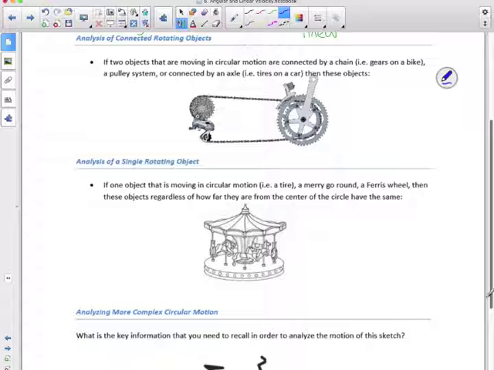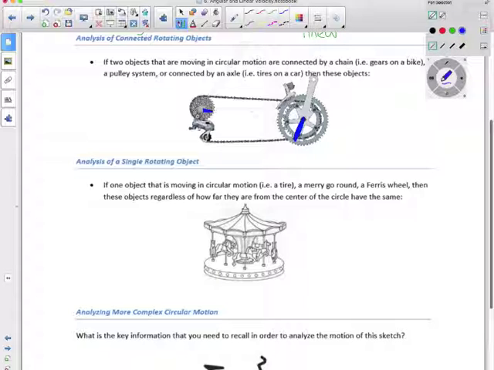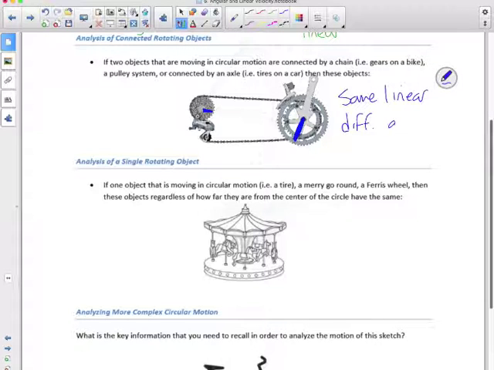But the actual angle that's going on right here, so like this angle and this angle, those are different. So in this particular setup here, these types of objects have the same linear, but they have different angular velocities.